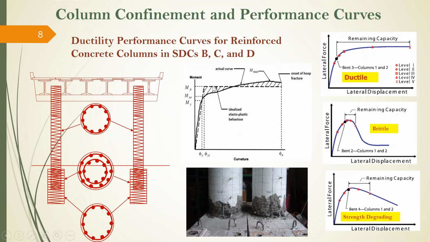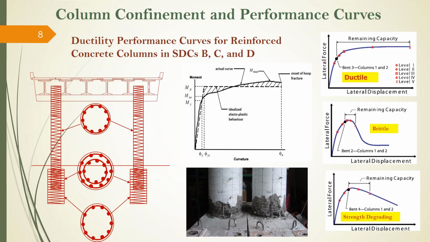We passed the initial yielding, but this two-stage behavior and this plateau show us we are still meeting the demand requirement while going into significant inelastic behavior. And this is the ductility that we are designing for, whether ductility is 4, 5, or 6, or so on.